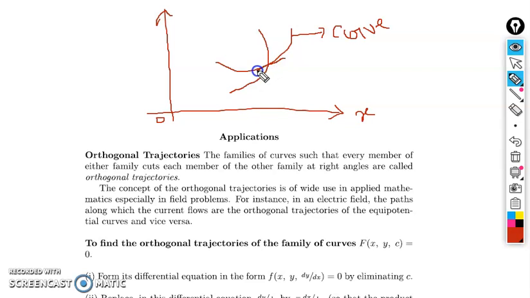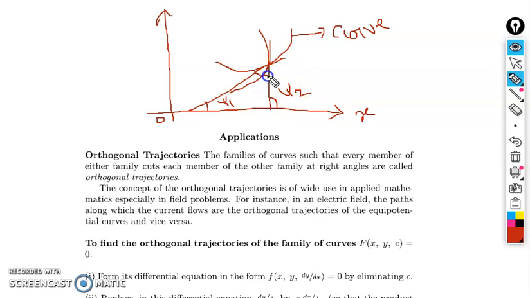So if we consider this one is your tangent, it makes a positive angle phi 1, and here is another tangent for the required curve which makes an angle phi 2 with the positive x-axis.